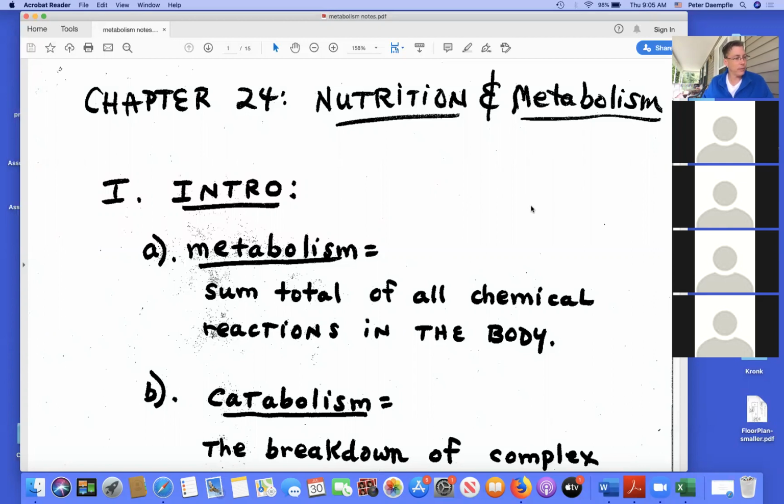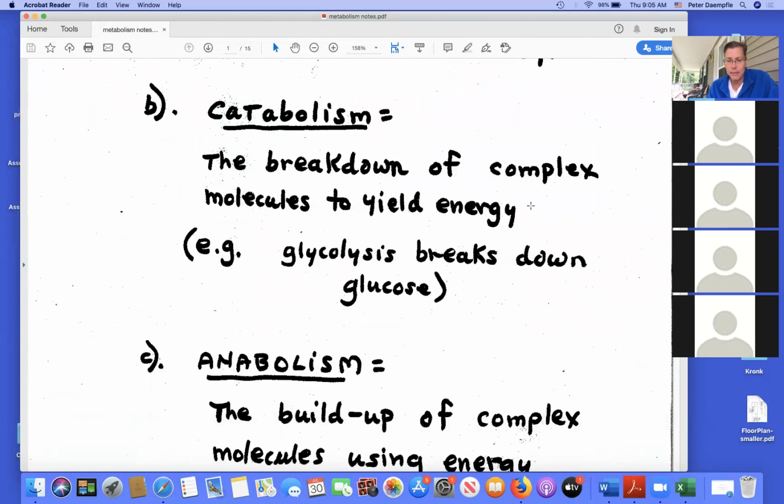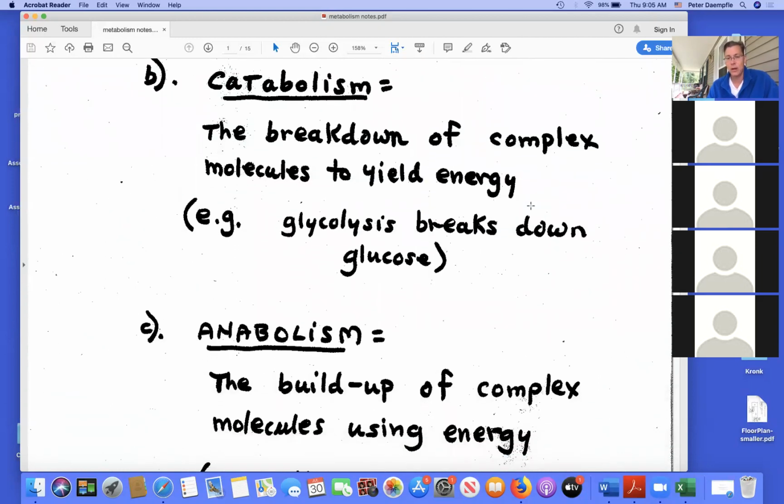And again, if we start with page 132, we move from phase to phase on how we break up that food. There's two parts of metabolism. One is catabolism, another is anabolism. Catabolism, as you can see on the overhead here, is the breakdown of complex molecules to yield energy.